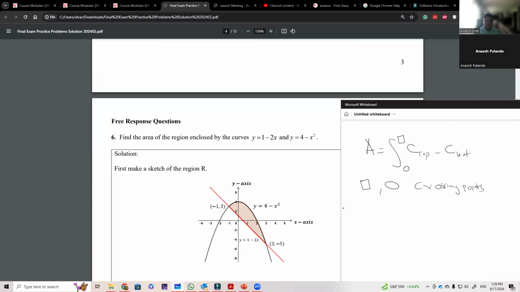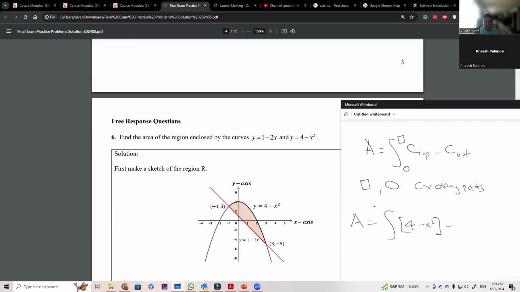Of the two curves. So in this case, for example, it's very easy to identify the curve on top in this area at least. It is 4 minus x squared, which is the parabola here on top. And the line y equals 1 minus 2x is in the bottom. So at least I can start with that. I have the top and the bottom very clear. 4 minus x squared is the curve on the top.